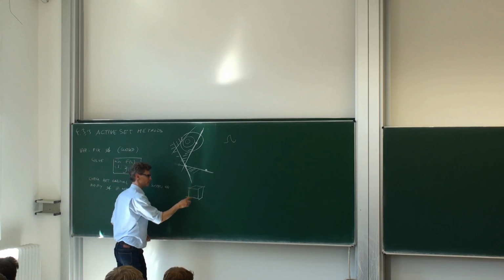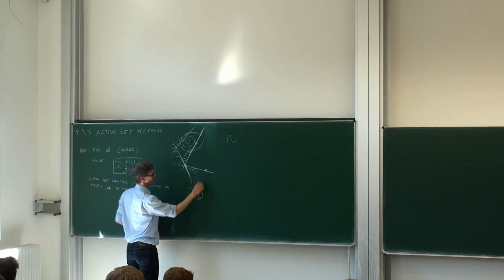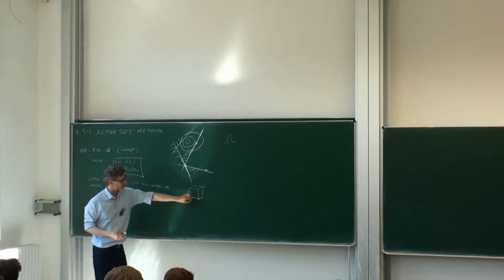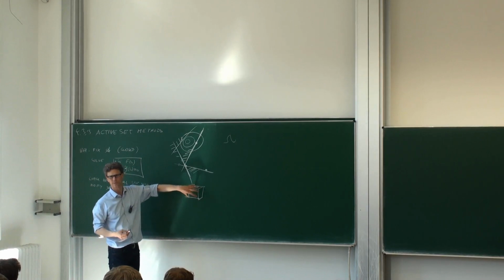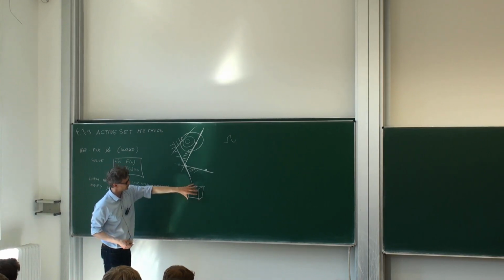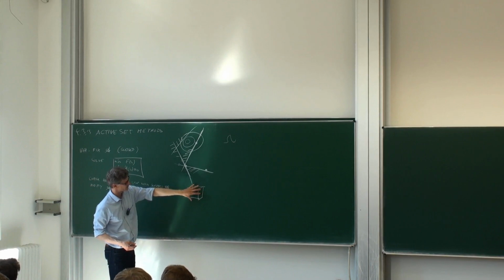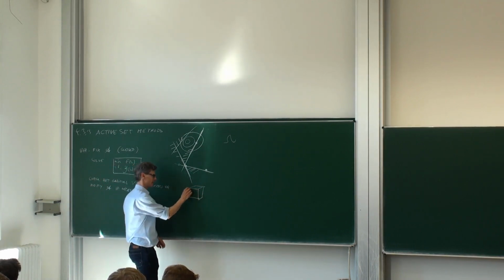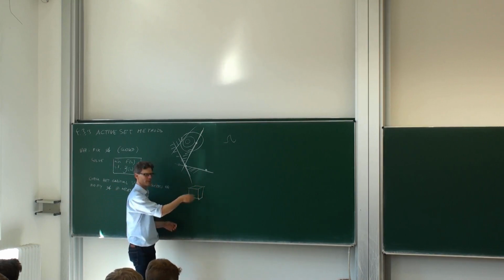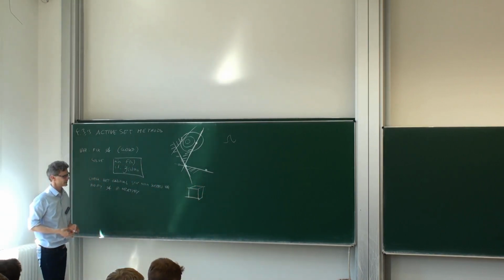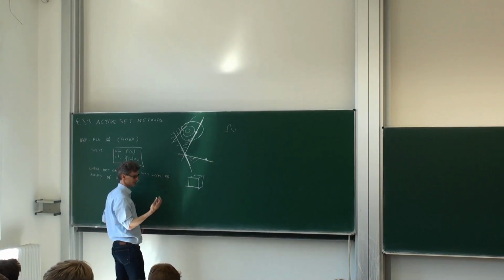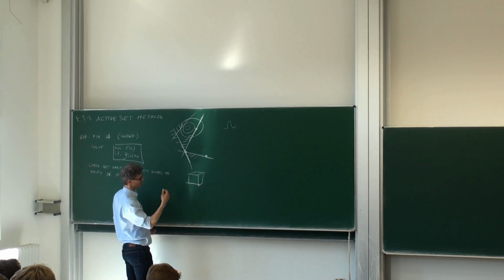So if you have a hypercube in many dimensions, there are so many corners that you can visit in such an algorithm that it grows exponentially in the dimension of your set. And there were people that could construct examples where nearly every active set strategy would at the end visit, so to say, all corners of this problem. And this is, of course, a very bad behavior, which is not polynomial in the problem dimension.